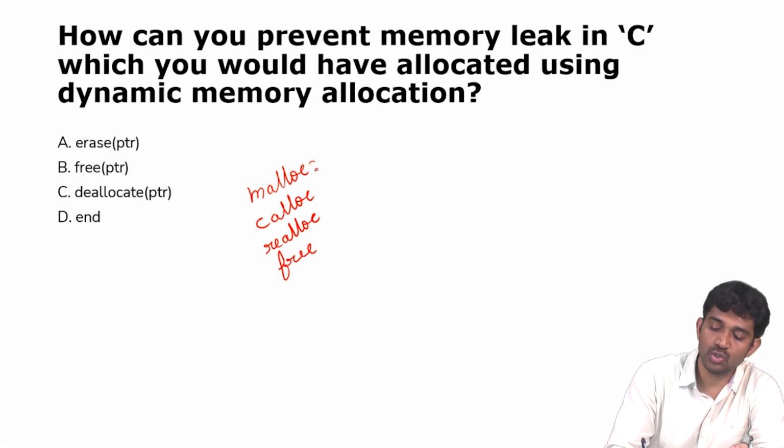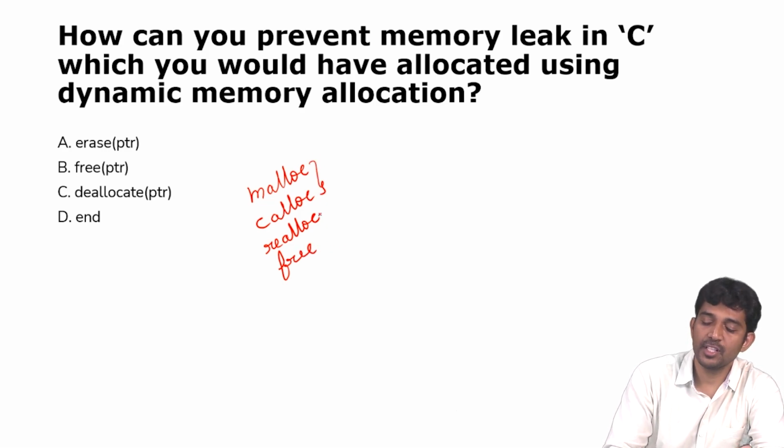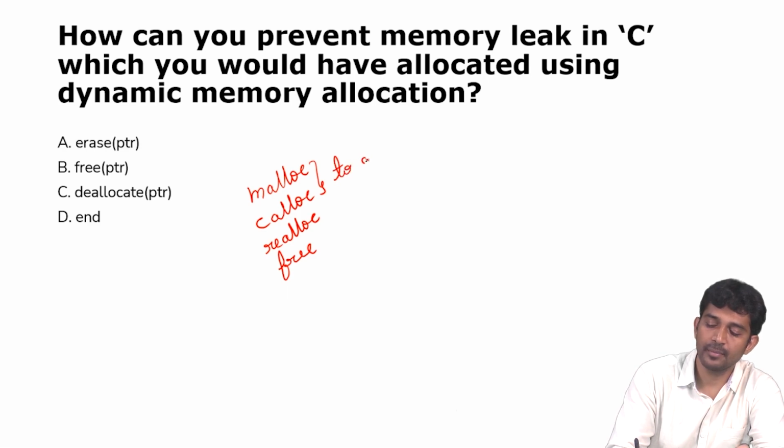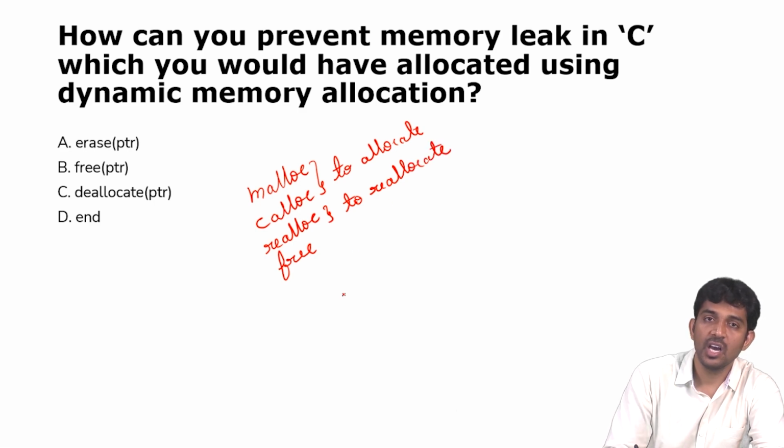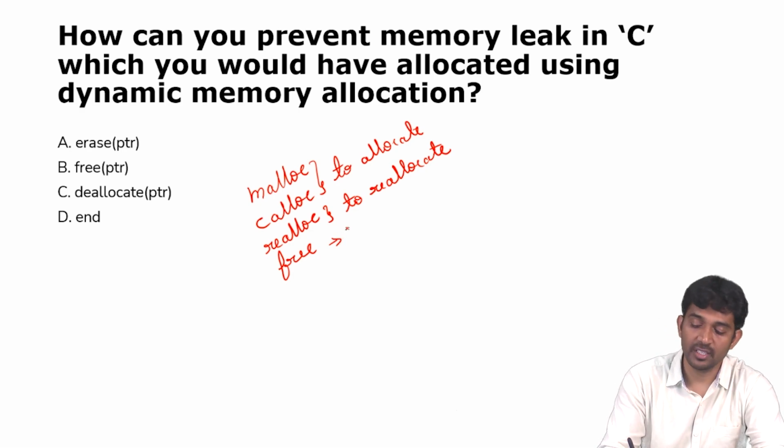These are the two statements to allocate the memory, right? This statement is used to reallocate the memory. To reallocate means either increase or decrease. Alright. Coming to free, it is going to release the memory.